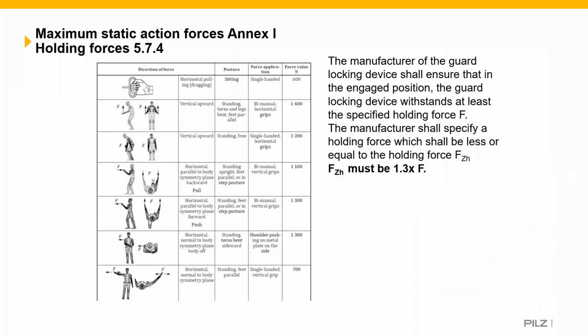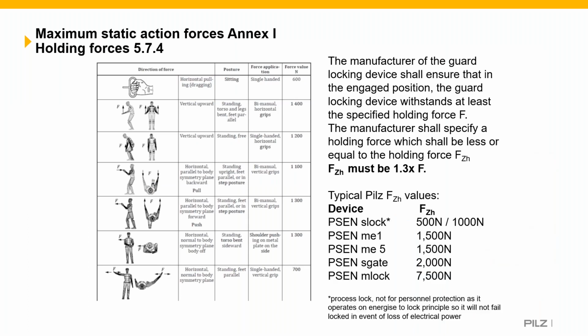The manufacturer of the guard locking device shall ensure that in the engaged position, the guard locking device withstands at least the specified holding force, F. The manufacturer shall specify a holding force which shall be less or equal to the holding force. So the holding force must be 3.1 times the specified holding force.